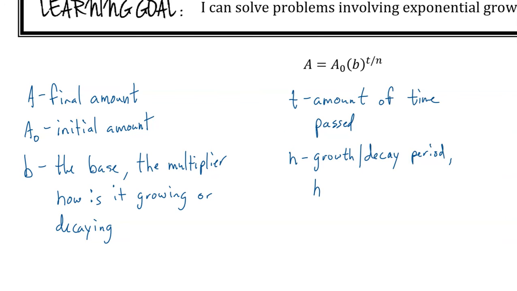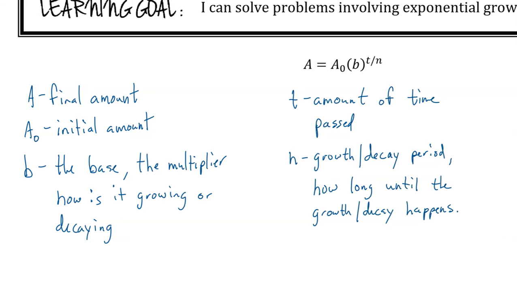So how long until the growth or decay happens. As is often the case, these will probably make a little bit more sense when we actually get into examples, and we're going to talk about each of these in the context of the examples.